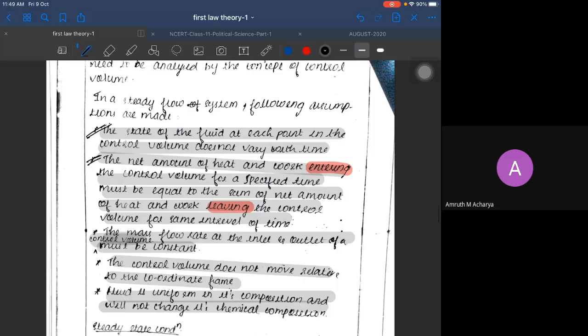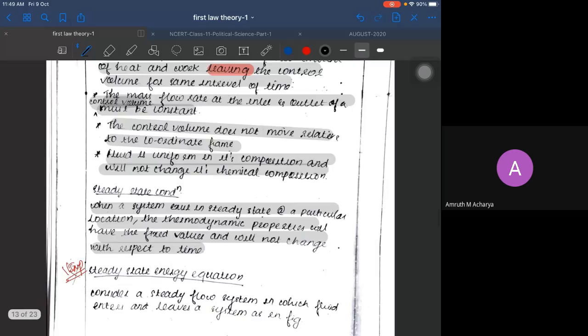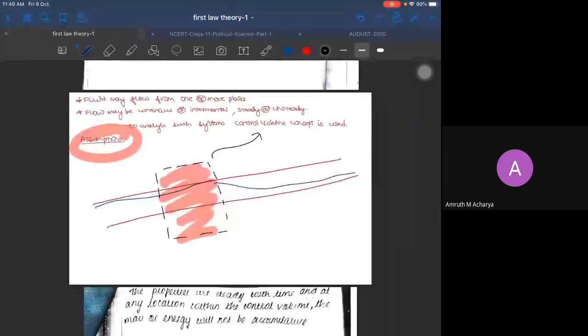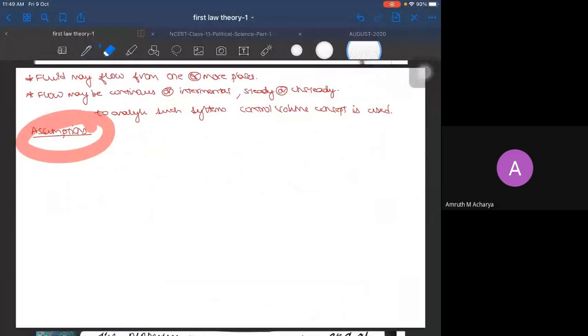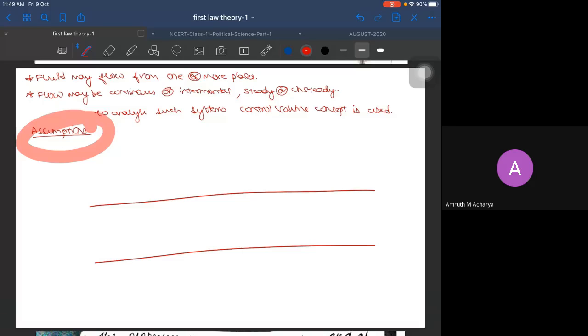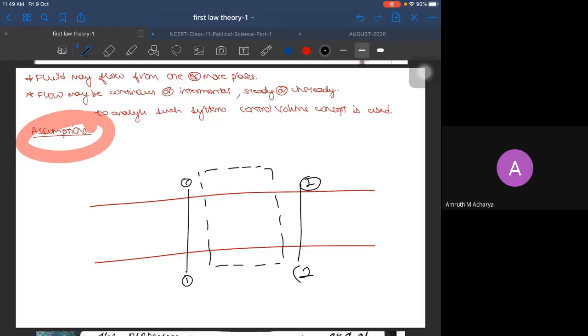What does same mean? I'll try to explain it. Suppose again there is a pipe and a control volume in between like this. I consider this to be 1-1 and this to be 2-2, that means plane 1 and plane 2.